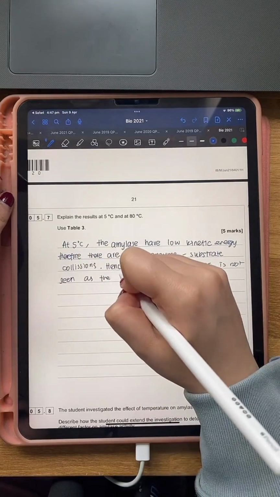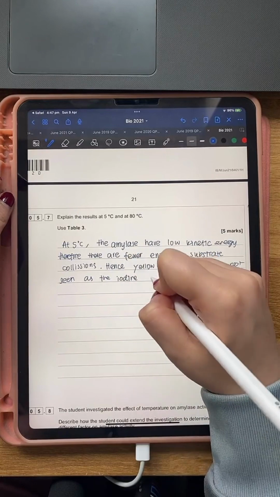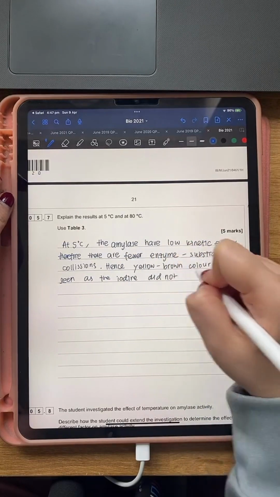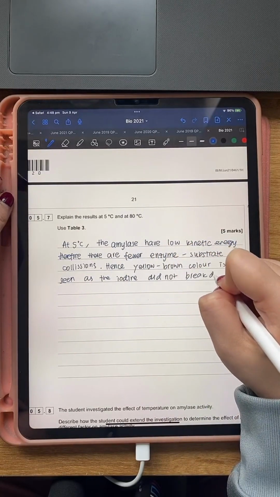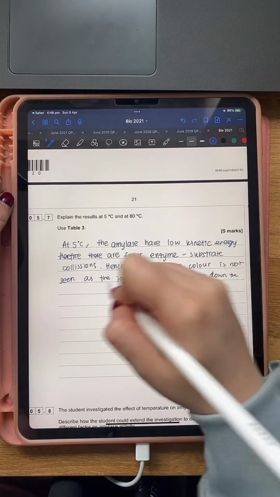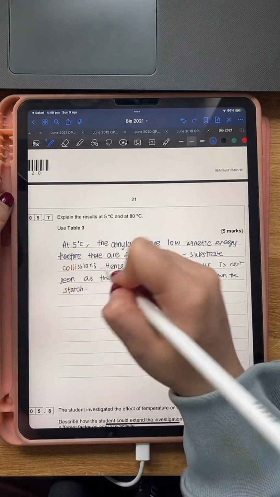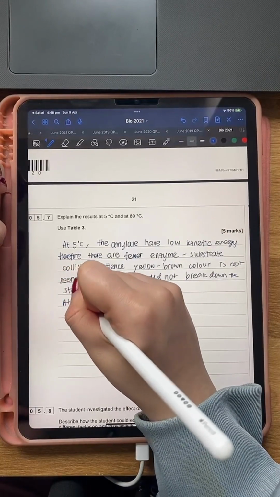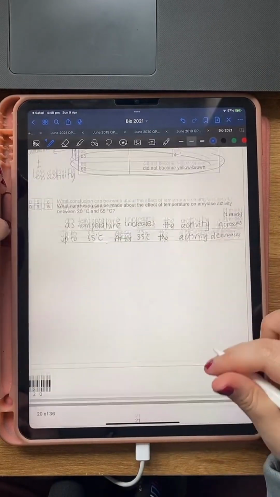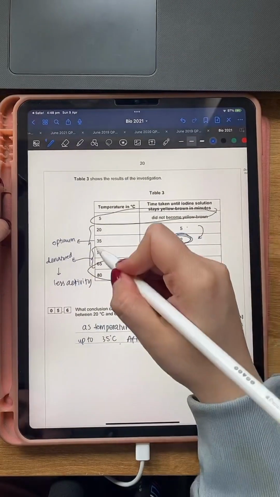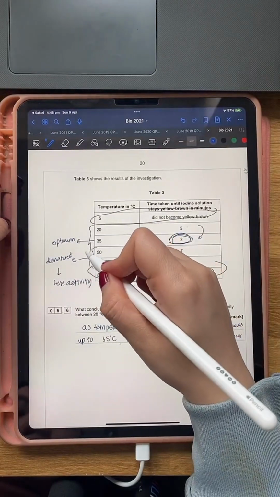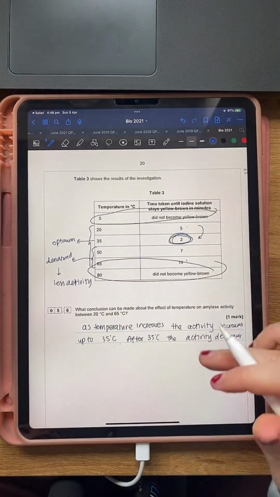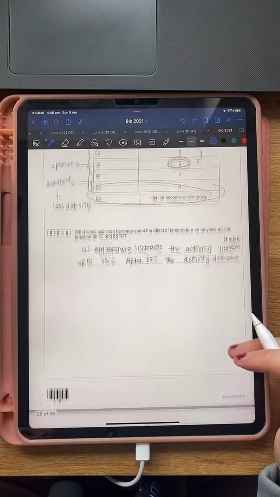Now we have at 80 degrees Celsius. We said before that after 35, which was the optimum, it has denatured. So that's what you talk about. Yes, so they no longer fit together. That's right. So at 80 degrees Celsius, the amylase has been denatured.